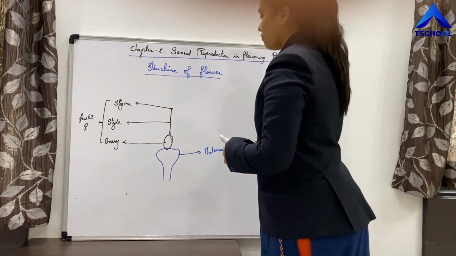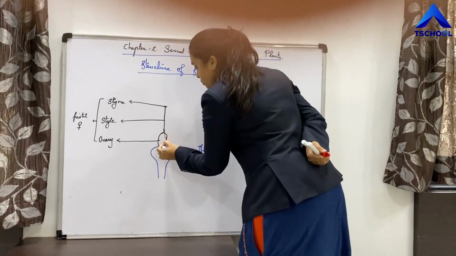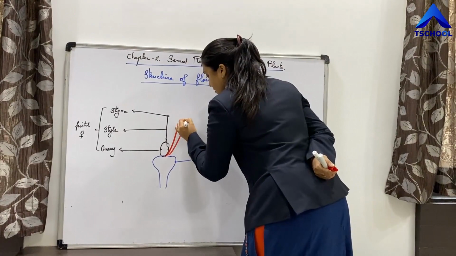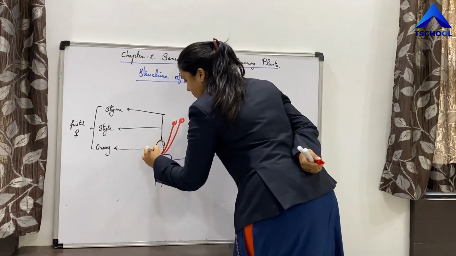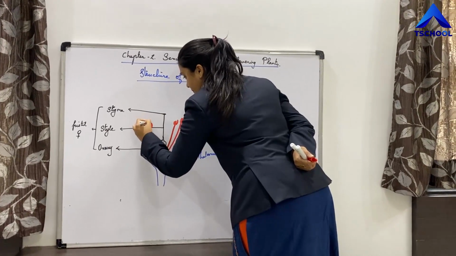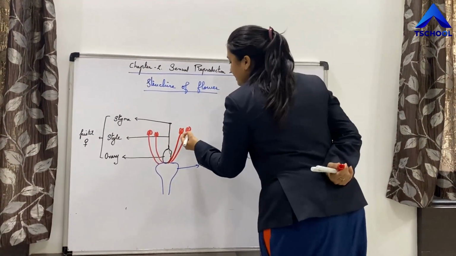The second part of the flower is the stamen. So we will draw a few stamens. These are the stamens.